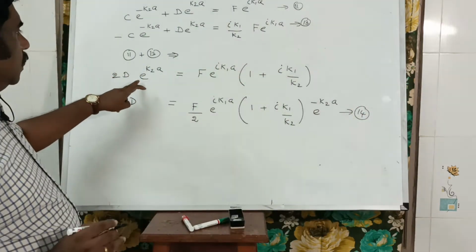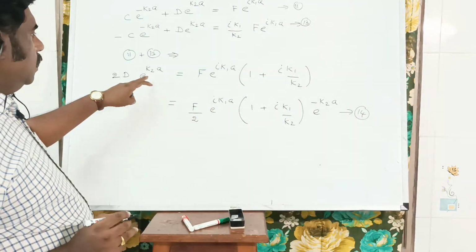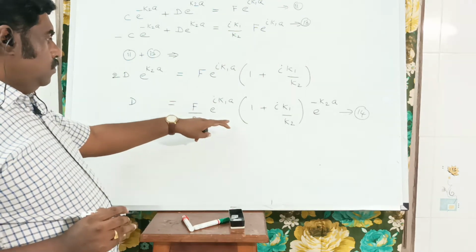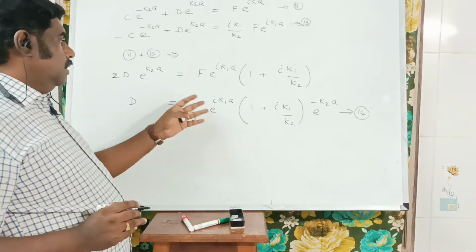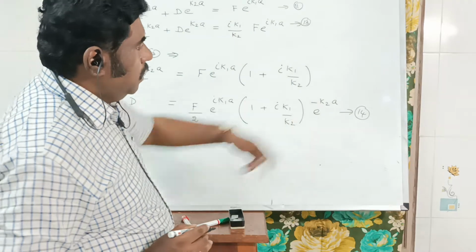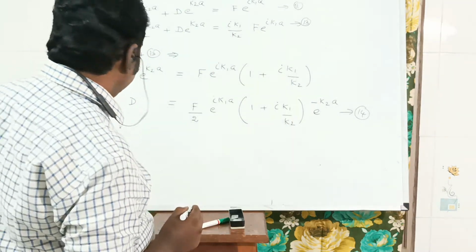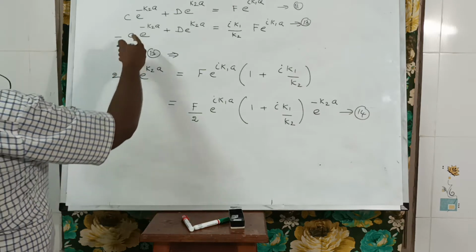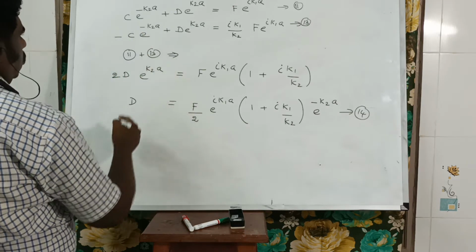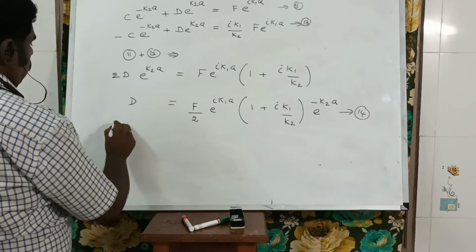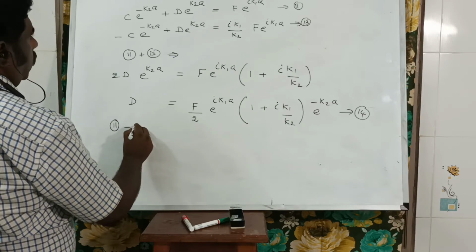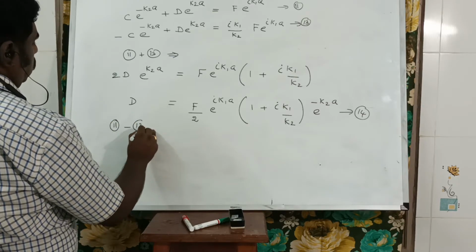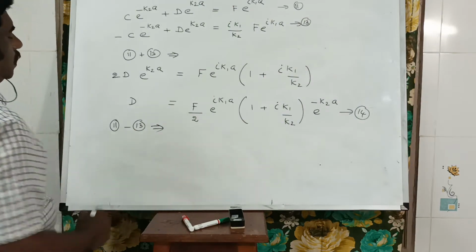See this, e power k2a comes to the right-hand side, then it is treated as e power minus k2a. Then, in order to find out the value of C, find equation 11 minus 13.